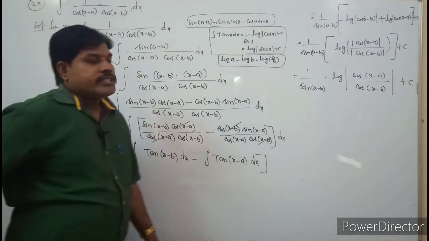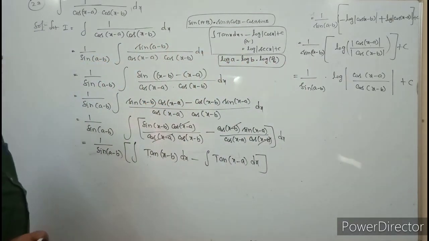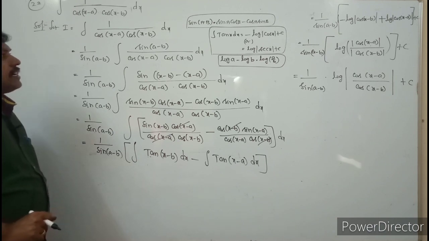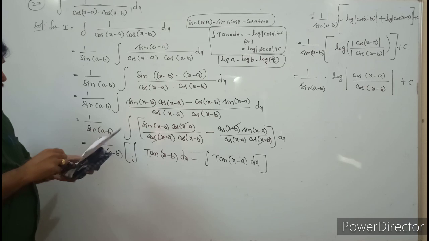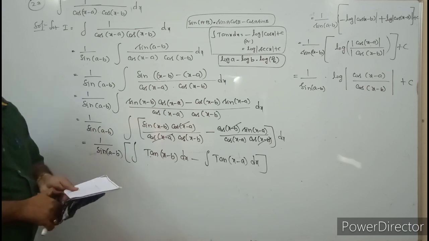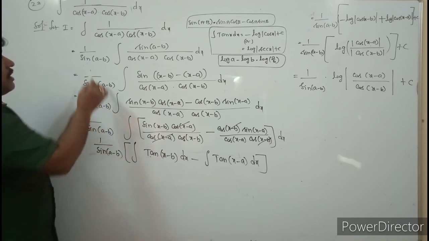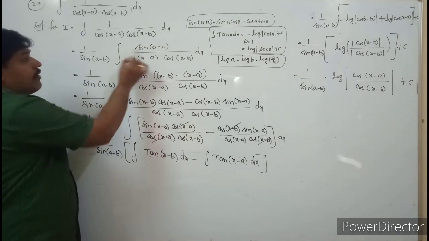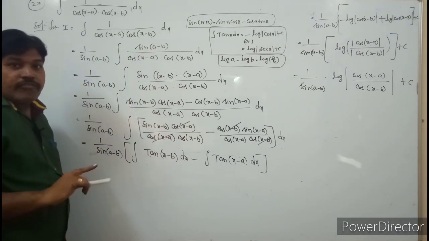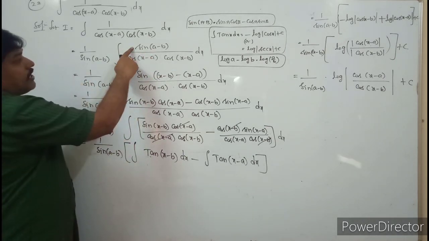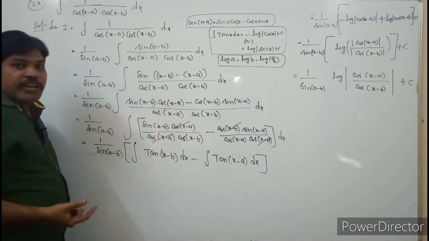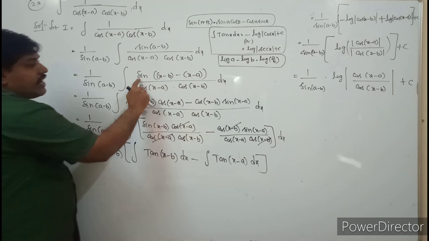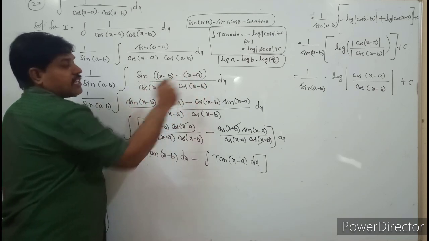So see that question, students. What is that question? First, we had the integral of 1 by cos of x minus a into cos of x minus b into dx. First I multiplied and divided with sine of a minus b, and the sine of a minus b I changed into sine of x minus b minus x minus a.